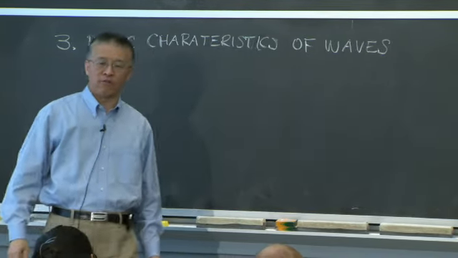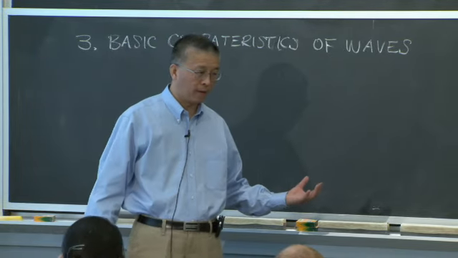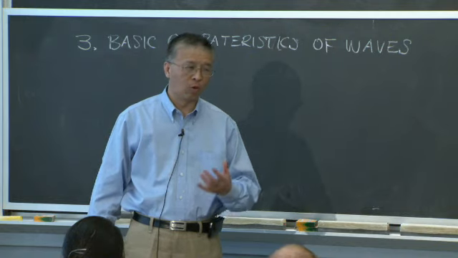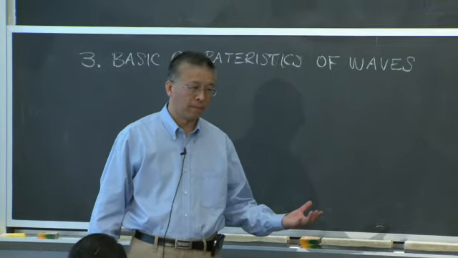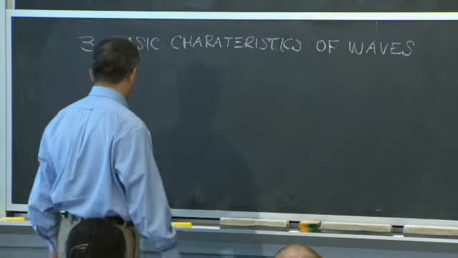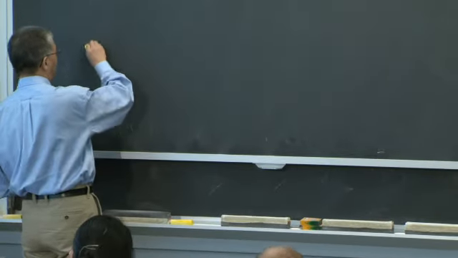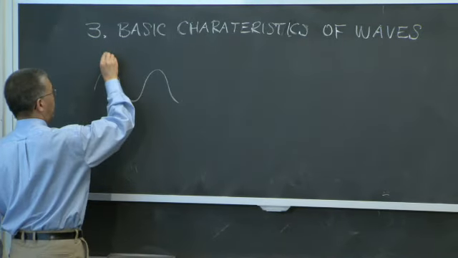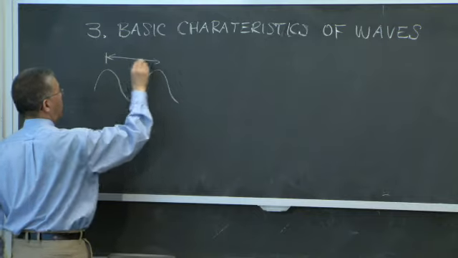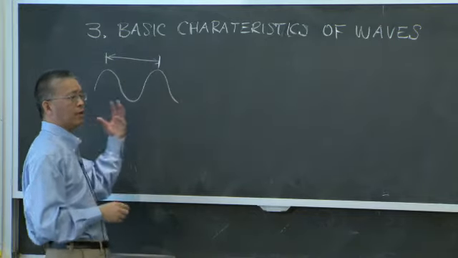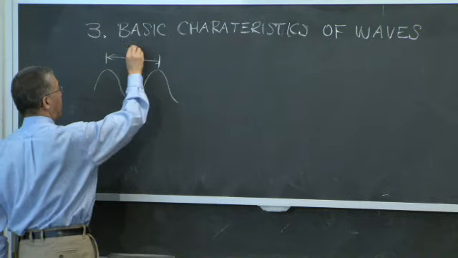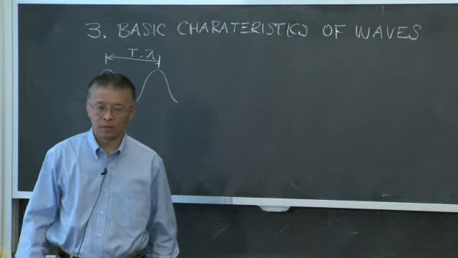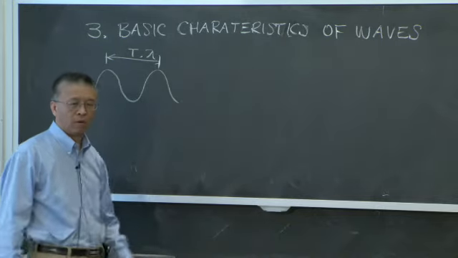When we think about the frequency, we're thinking about the time domain. When we think about the wavelength, we're thinking about the space domain. So if I have a simple wave, a sine wave, here is the period. In the case of the time domain, this period is time. In the case of the space domain, this is the wavelength. So time period or wavelength.